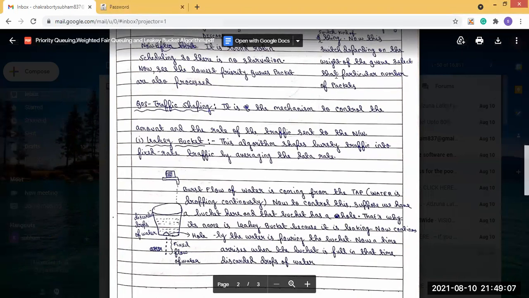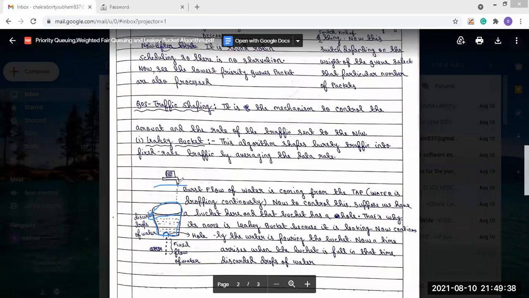There is a tap, and from this tap the water is dropping. Below the tap, there is a bucket placed. In the bottom of this bucket, there is a hole.